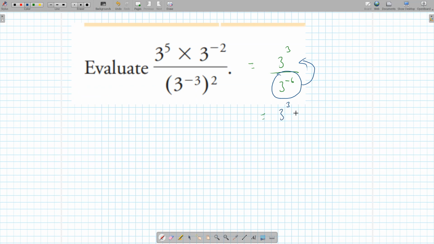So you get 3 to the power 3 times 3 to the power positive 6 now, okay? The sign flipped. Cool? So what's that? 3 to the power 3 times 3 to the power 6. You add them, right? Because they're being multiplied, you add the exponents. There we go. And you're done.